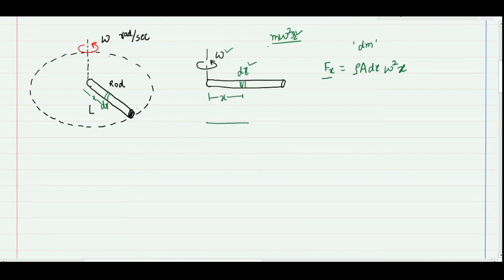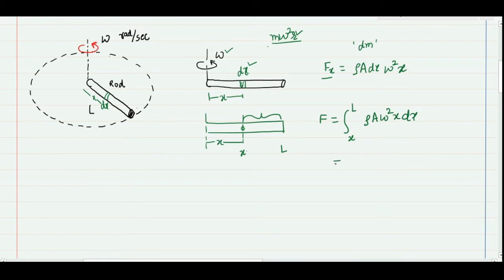For example, if I want to find the centrifugal force at a distance x from the axis of rotation, the segment responsible for creating this centrifugal force is this segment, and the limit will be from x to L. So when I do the integration to get the force exerted at this point, it will be the integral from x to L of rho A omega square x dx.